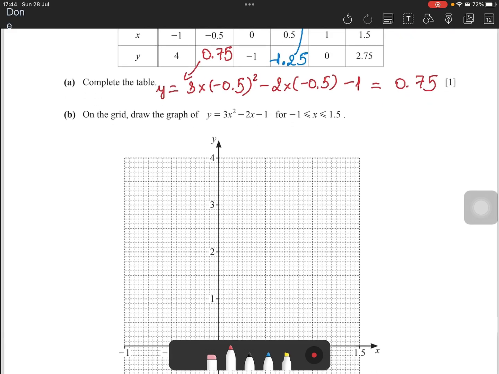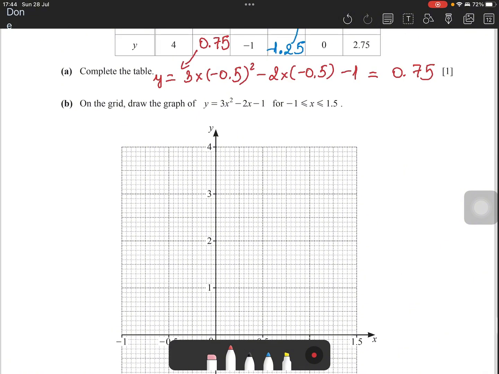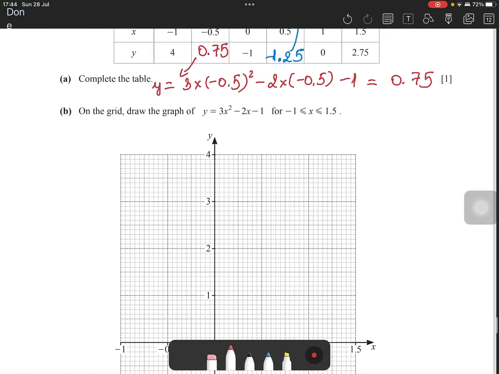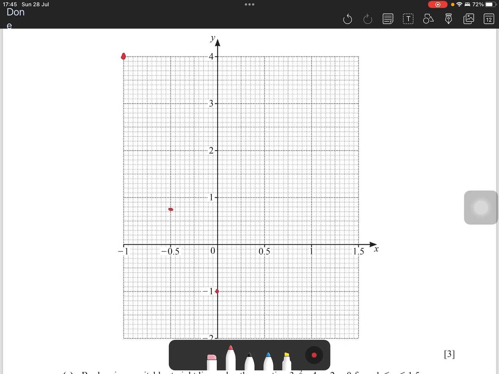The first is negative 1, 4. The second point is negative 0.5, 0.75, which is here. Next, 0, negative 1 is here.